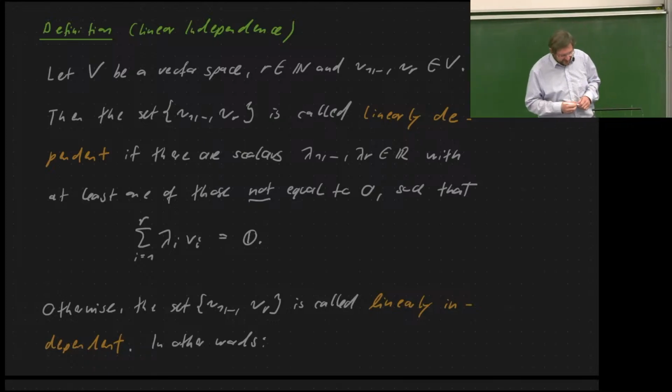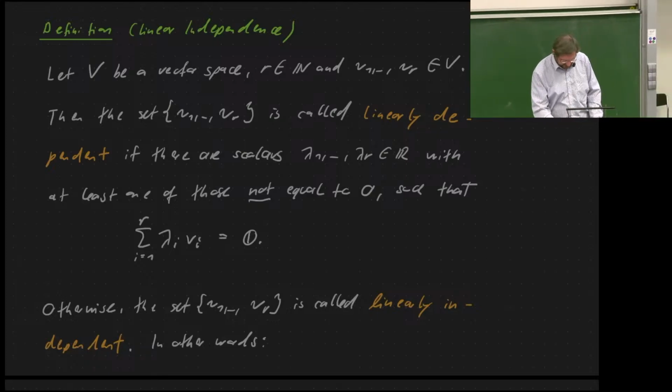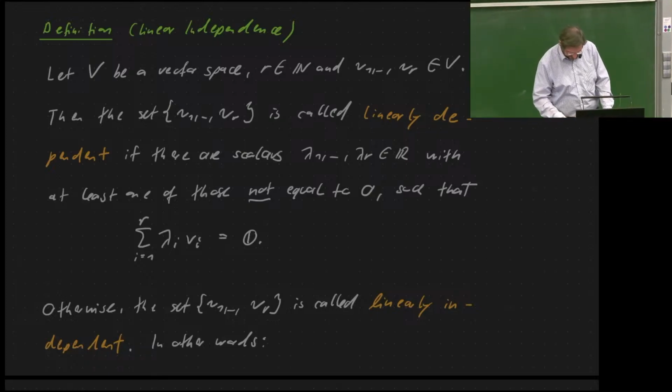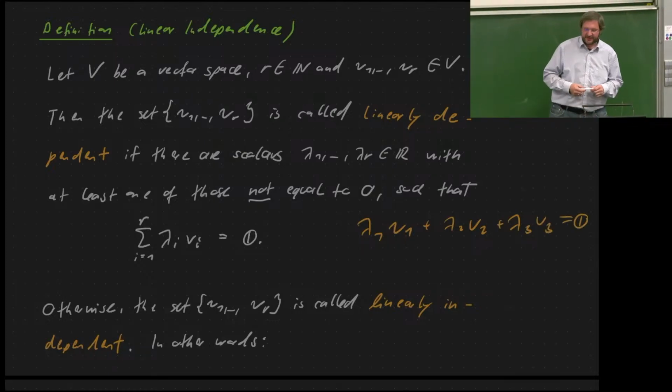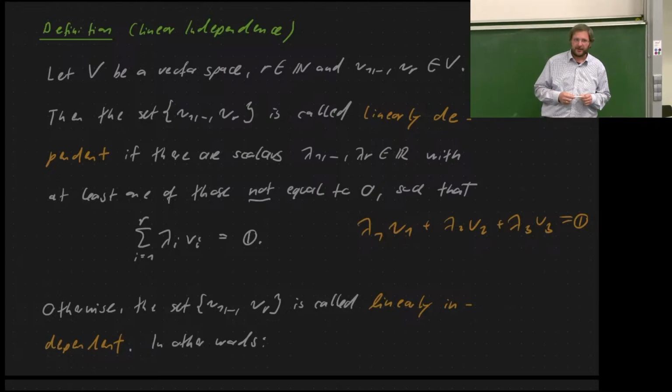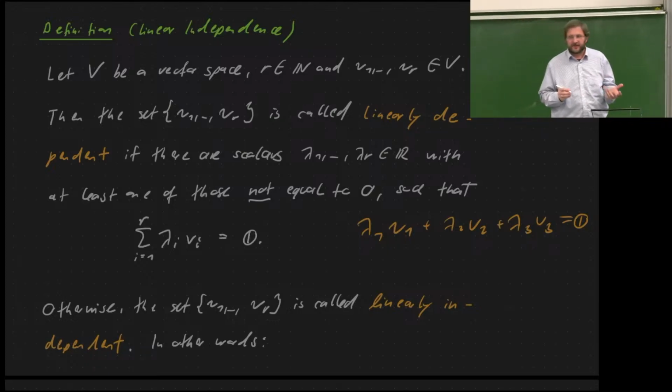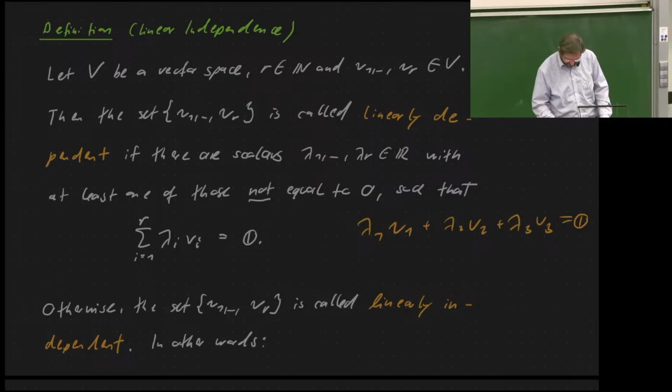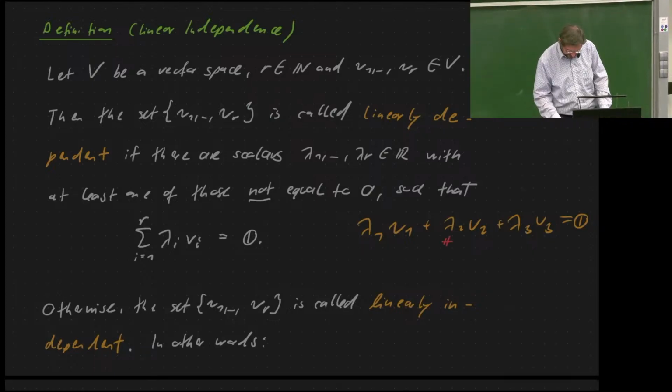And what that means is, if there is another possibility, let's say you have this lambda 1 v1, let's say we just have maybe 3 vectors, and there are lambdas such that this is 0. And not all of these lambdas are 0. So let's say, for example, we know that this lambda 2 is not 0.